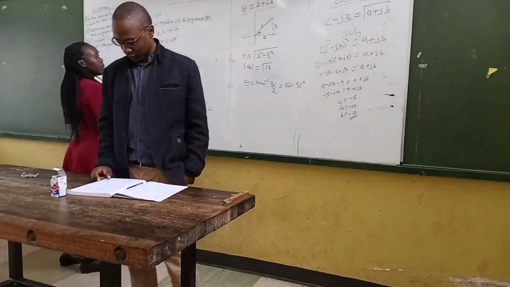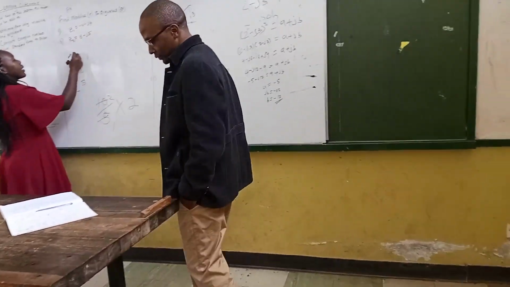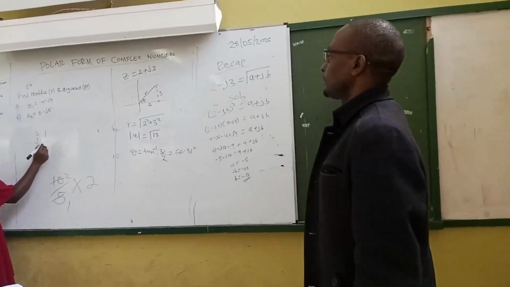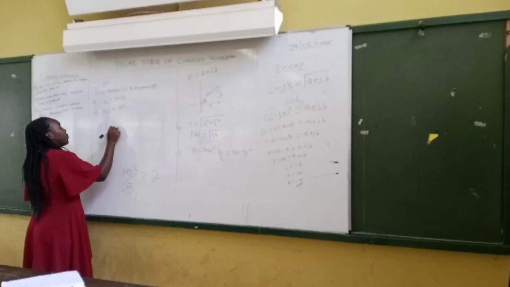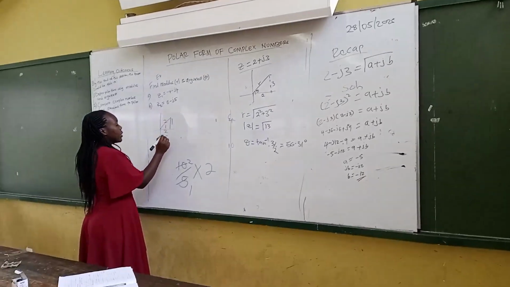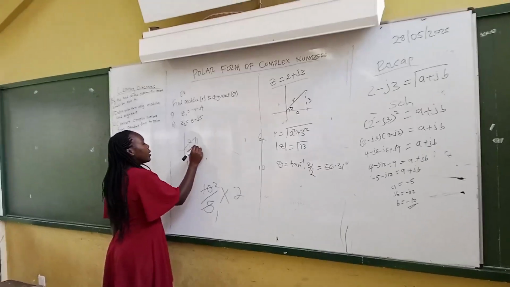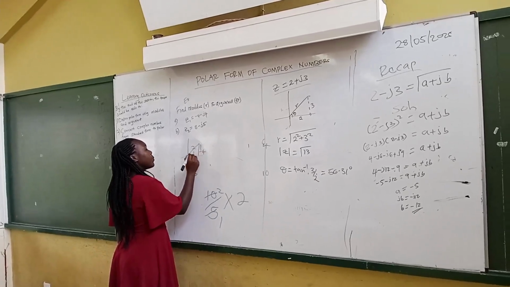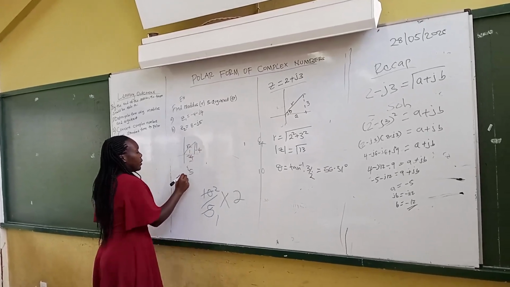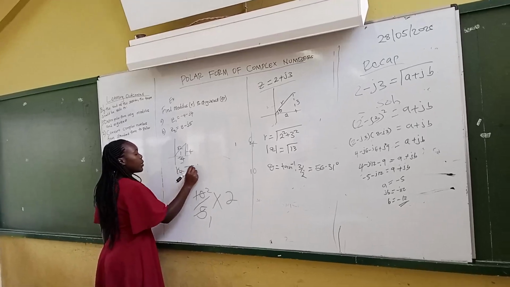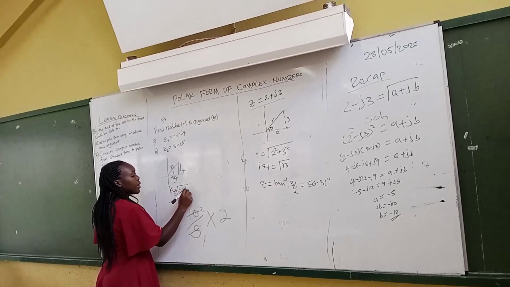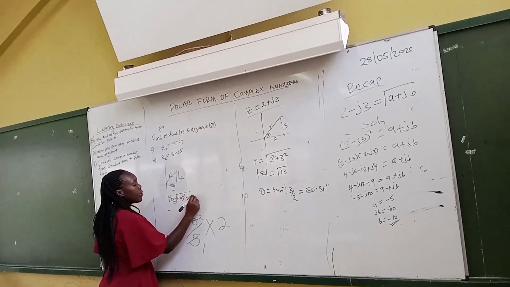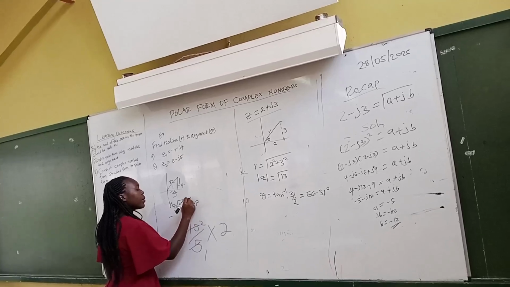So for assignment, you have to know the coordinates, where our A is -4, and this one is -4. So R is equal to the square root of -4 squared plus -4 squared.